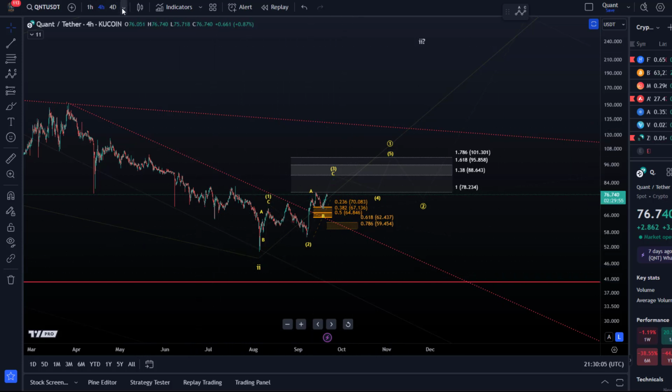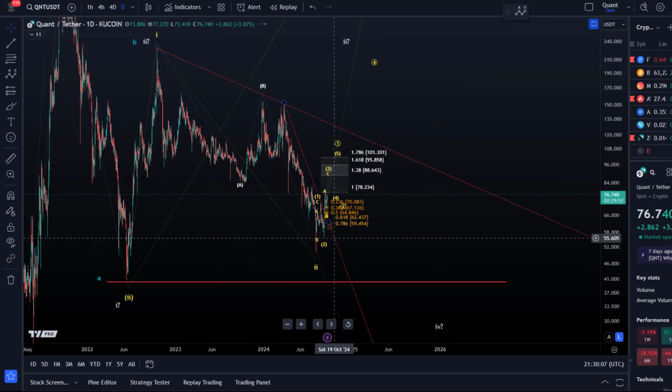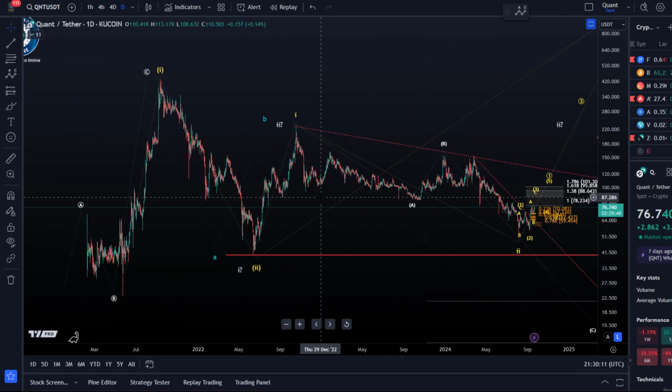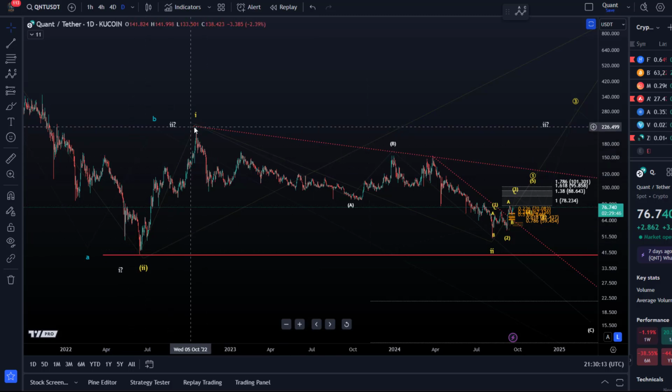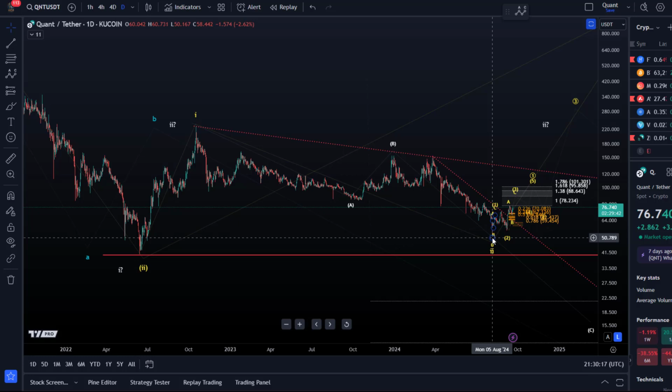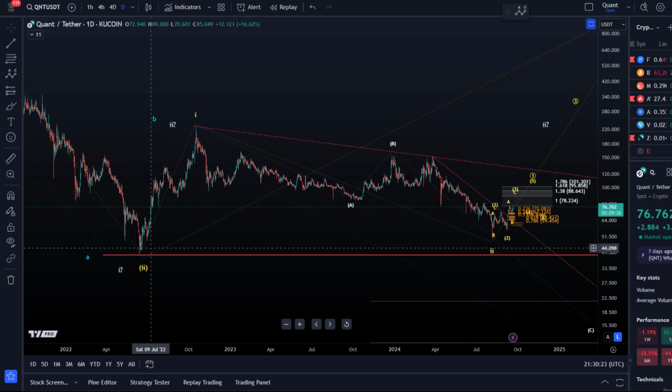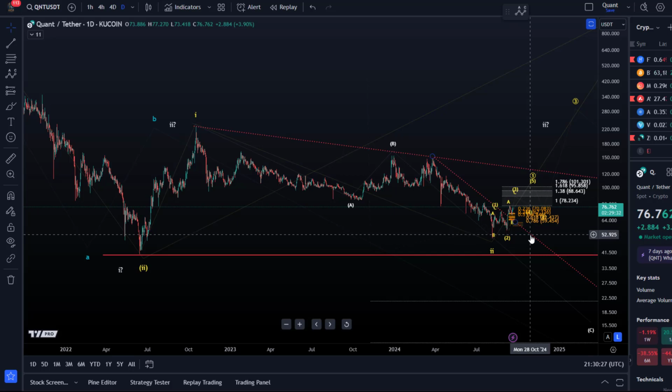I mean, looking at the bigger picture, there isn't really anything exciting to talk about here on the QNT chart. This move up can be considered a wave 1. The wave 2 was very long, and we haven't broken below that June 22 low, but it kind of reminds me a little bit of the Matic chart.